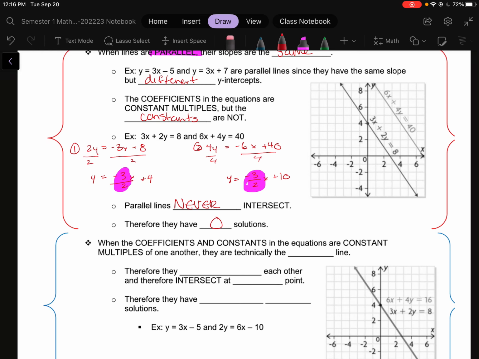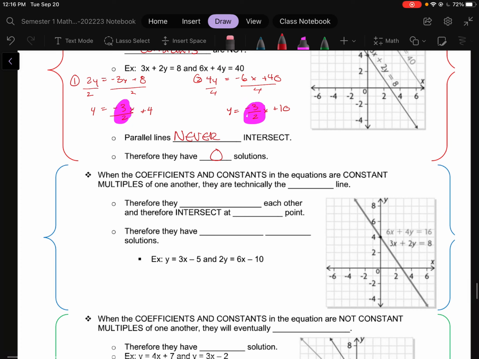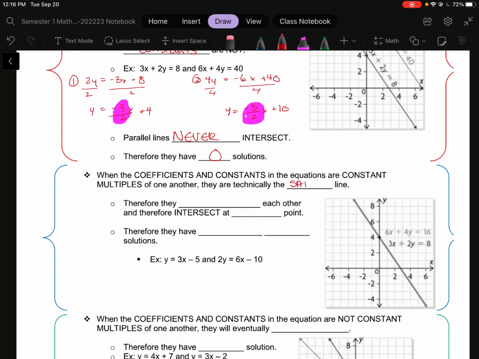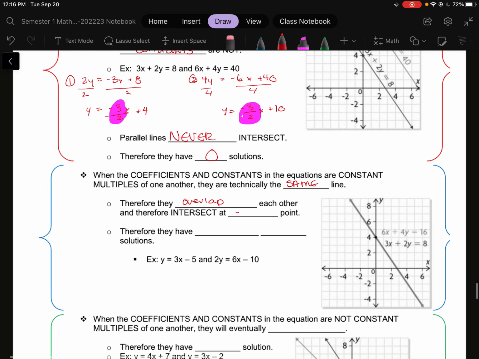All right. Now, when the coefficients and constants in the equations are constant multiples of one another, they are technically the exact same line. That means that they overlap each other, and therefore they intersect at every point. So therefore, they have infinite or many solutions, whatever way you want to say it.